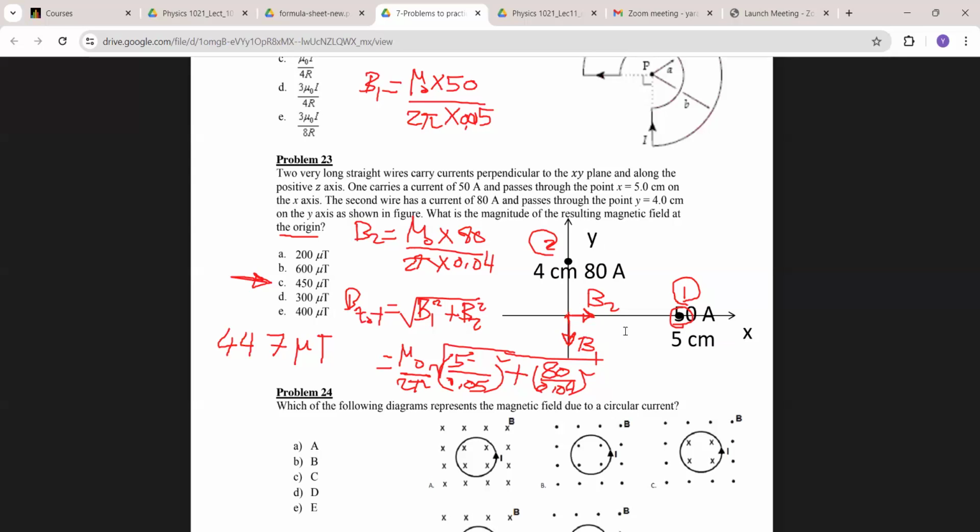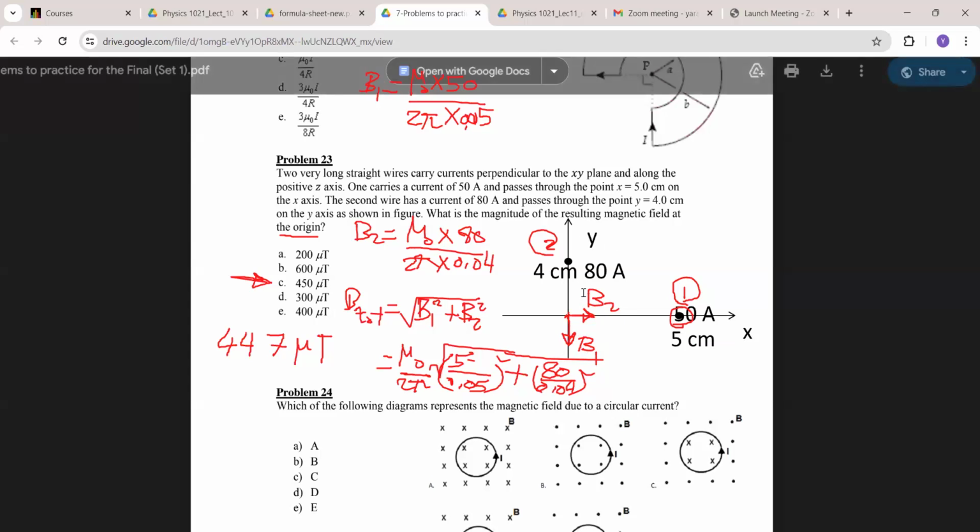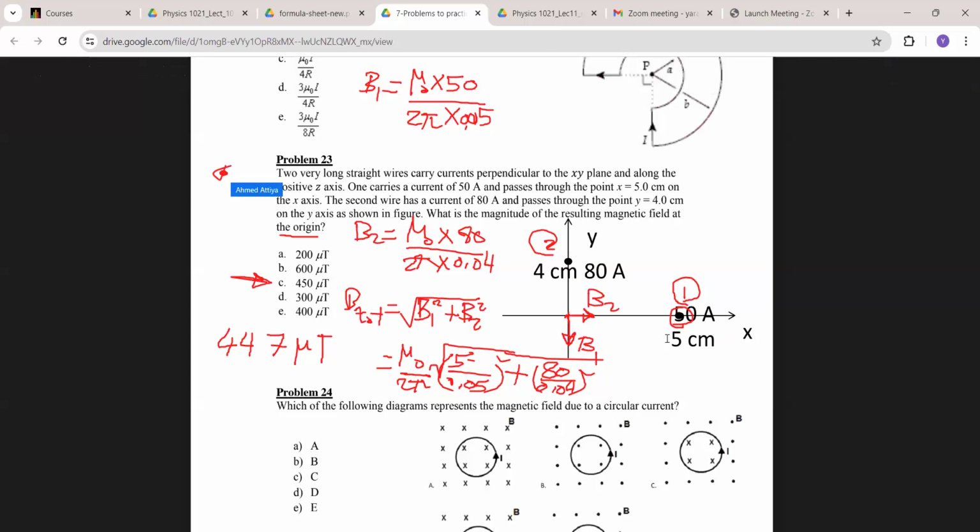So here we use the right-hand rule for long wires, right? Not the other one. Exactly.